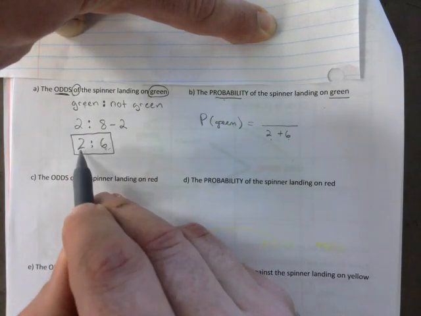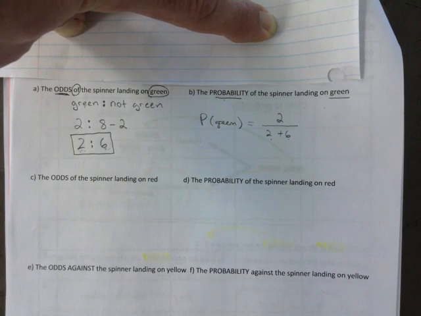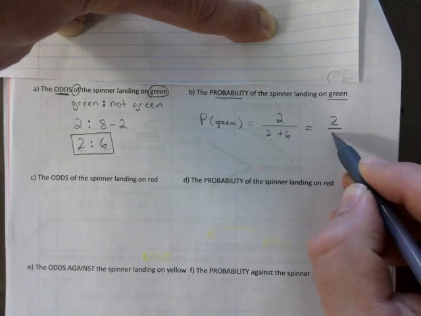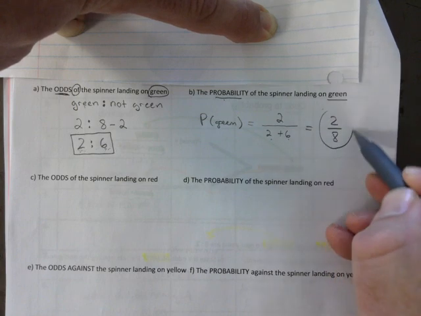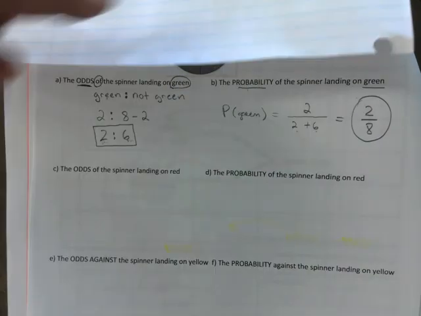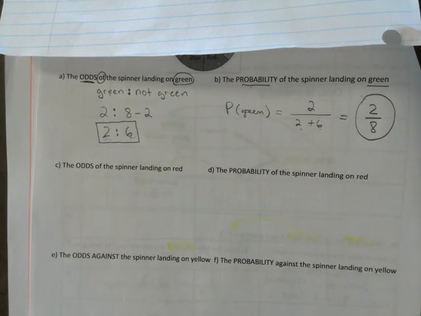I determined that the left number is green, so I'm going to grab the 2, put it on top. So that is 2 over 8. Okay, so the odds are 2 to 6. The probability is 2 out of 8.